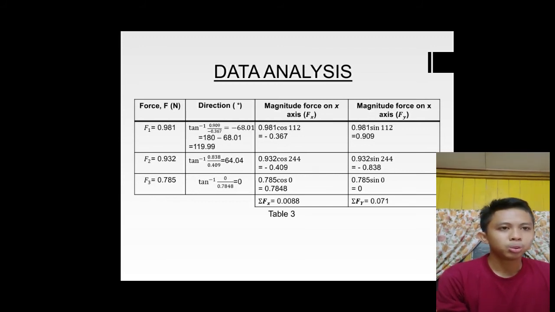Table 2. Force 1: magnitude 1.08, cos 239, resultant negative 0.56, force on the x-axis; 1.08 sin 239, resultant negative 0.93.